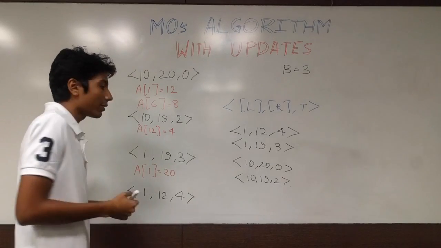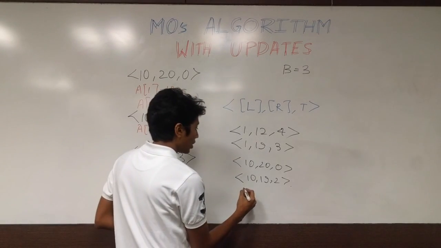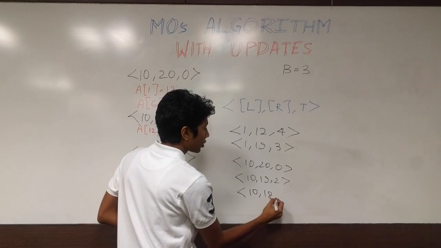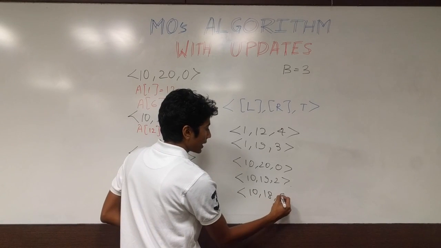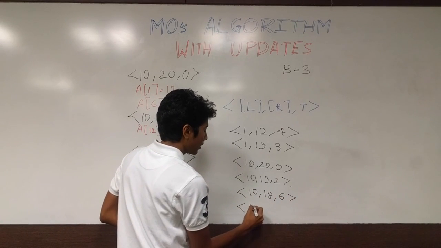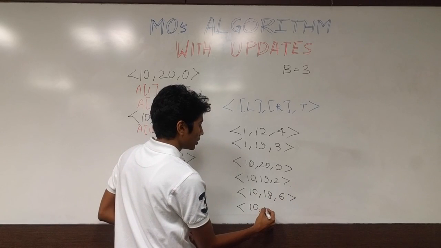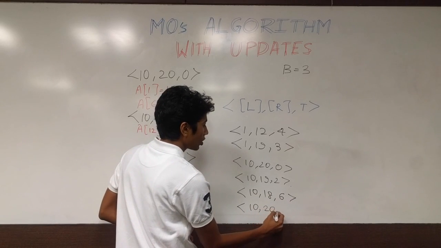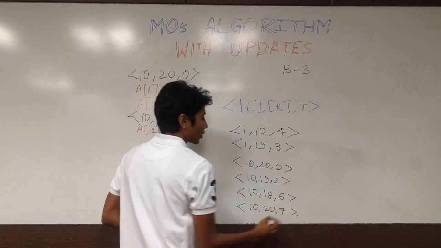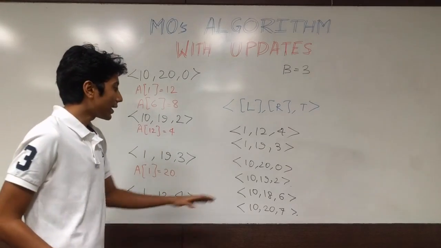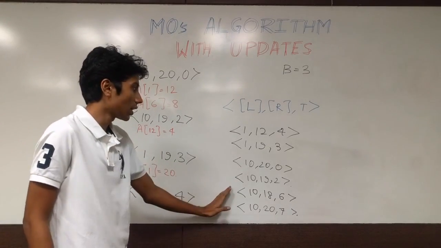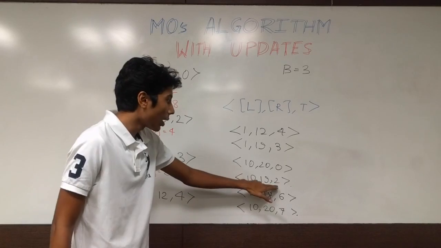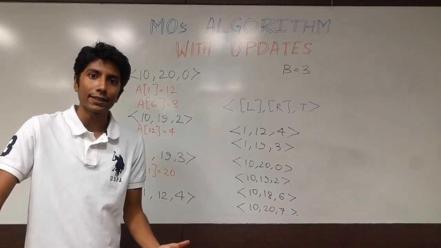So over here, if you had more queries, let's say 10, 18, 6 and 10, 20, 7. You can also understand how this arrangement of queries helps you, because the number of updates that you're doing is only increasing.